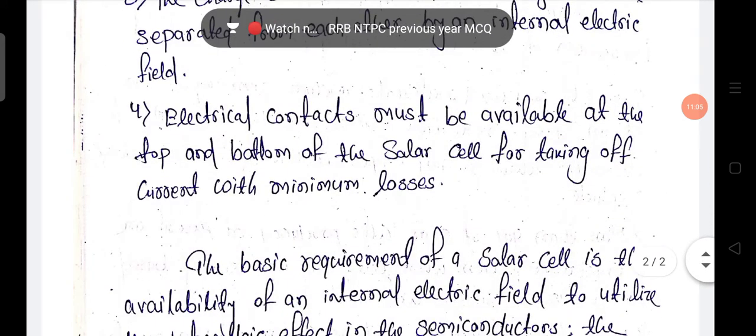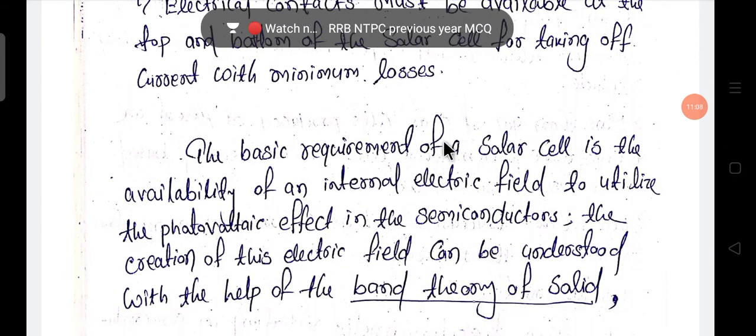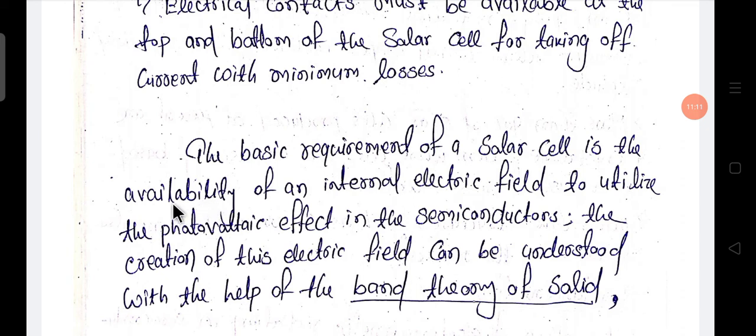Next, the basic requirement of a solar cell is the availability of an internal electric field to utilize the photoelectric effect in the semiconductor. For utilization of the photoelectric effect of the semiconductor and generation of the electric field, we use the solar cell.